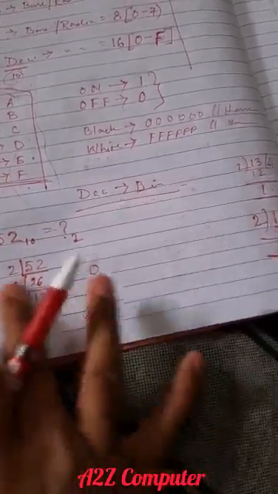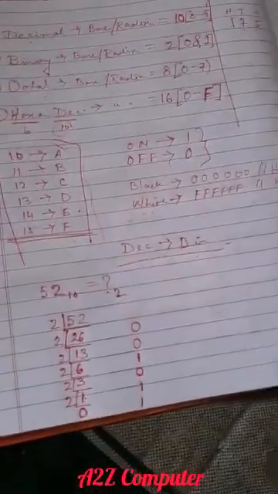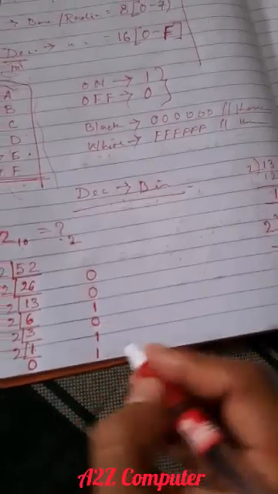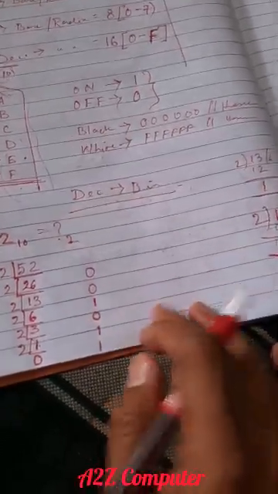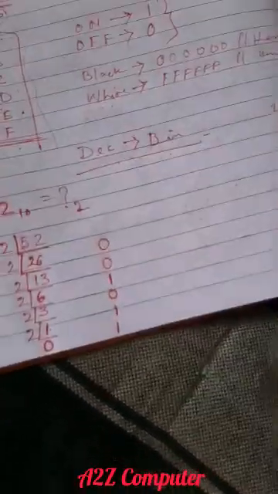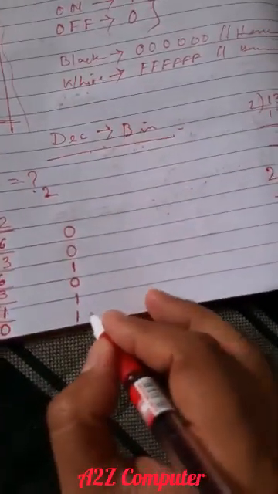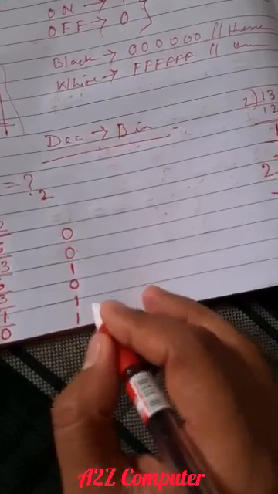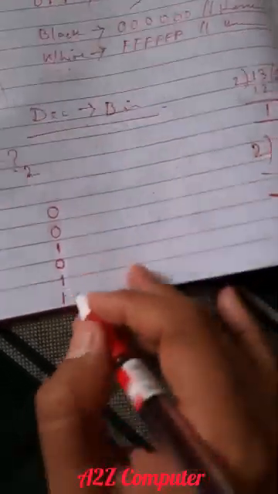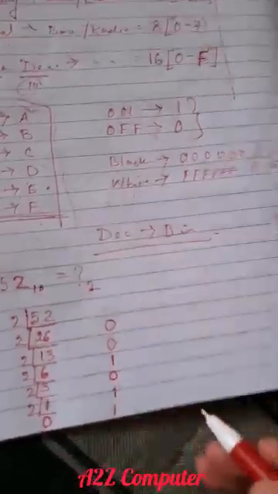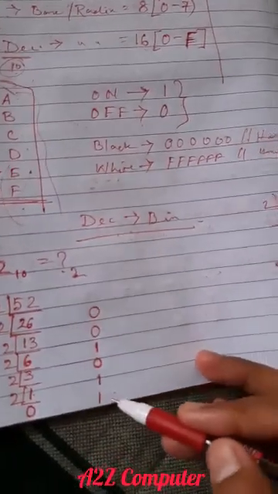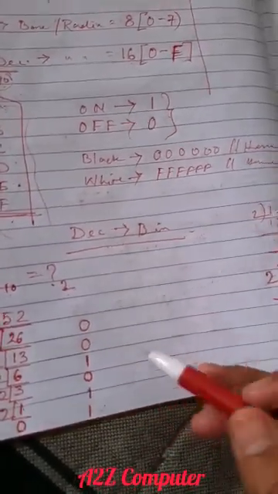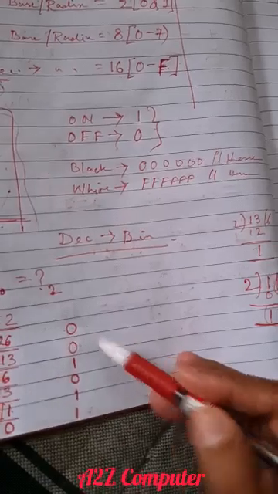Actually, I should have solved this on the next page due to lack of space. Very sorry. After finishing the divisions, all these remainder values will be our answer. We identify the last remainder value and the first remainder value.